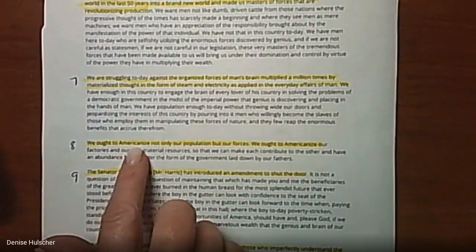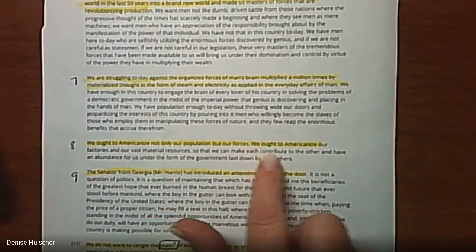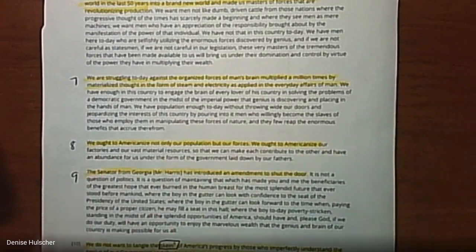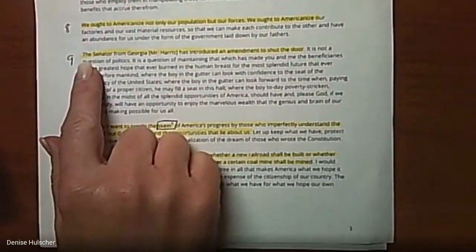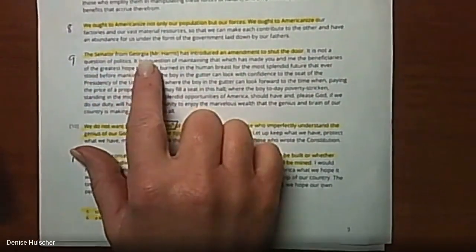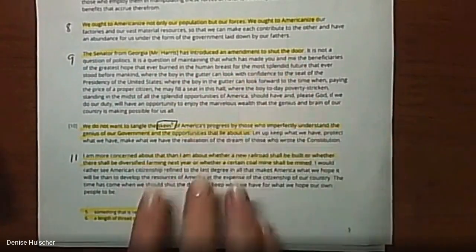We ought to Americanize not only our population, but our forces. We ought to Americanize. Next paragraph. The senator from Georgia, Mr. Harris, has introduced an amendment to shut the door.